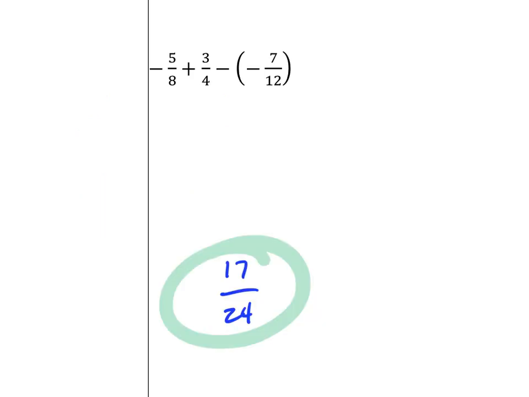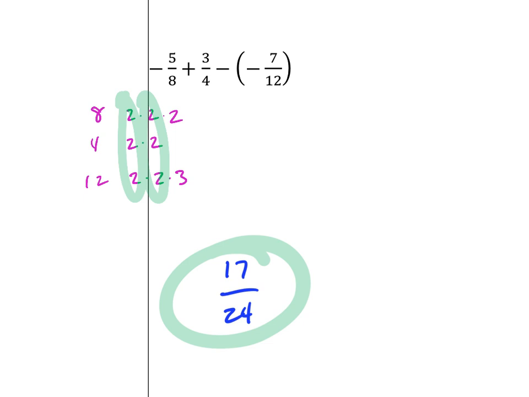Okay, so if I'm going to find my greatest common factor, I'm going to look at 8, 4, and 12, right? 8 is 2 times 2 times 2. 4 is 2 times 2. 12 is 2 times 2 times 3. So again, I'm going to look at what they have in common. They have a 2 in common. They have another 2 in common. All three of them have that in common, right?